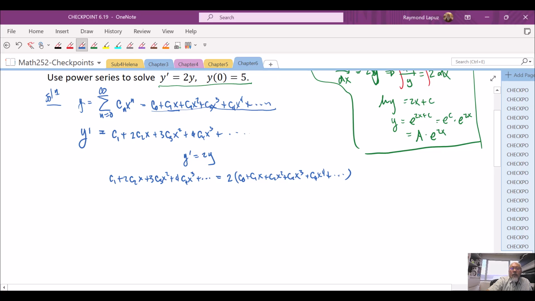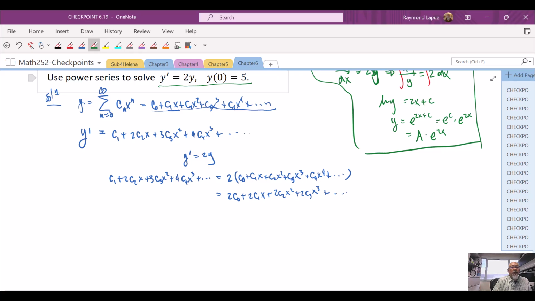Let's simplify this just a tad bit. This is 2c sub 0 plus 2c1 x plus 2c2 x squared plus 2c3 x cubed.